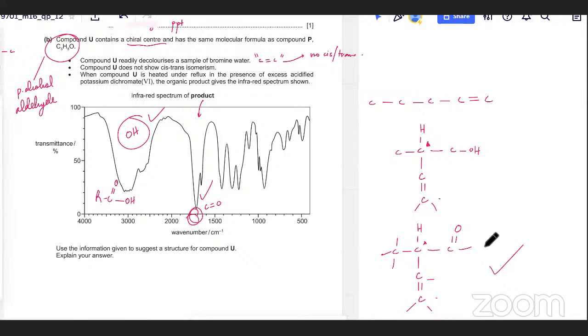I think it's going to be this one. If I go for a primary alcohol, it will have 10 hydrogens. So it's going to be the aldehyde. That's the molecule. It has a double bond, it's chiral, and it's an aldehyde, which will get oxidized to form a carboxylic acid. I think it's this one, and we can check whether it's the right one.